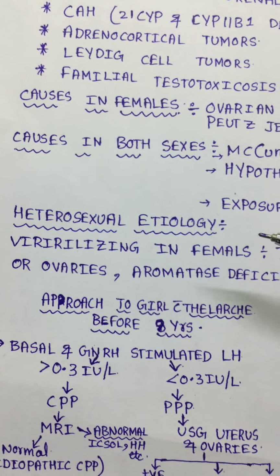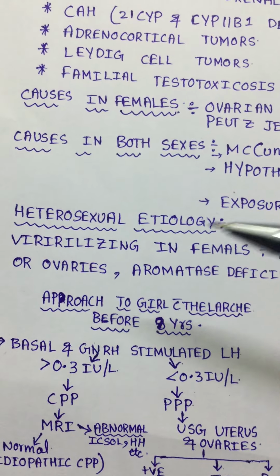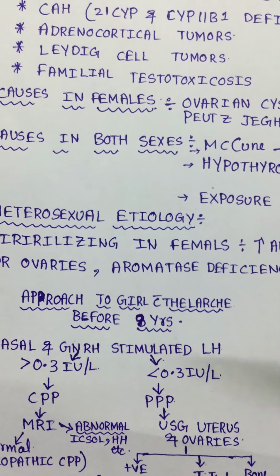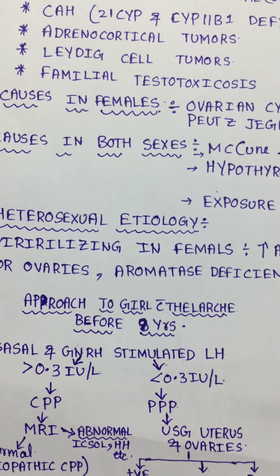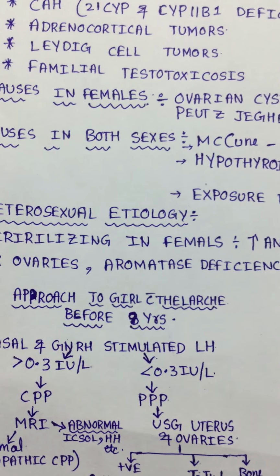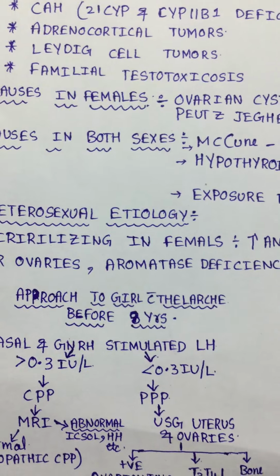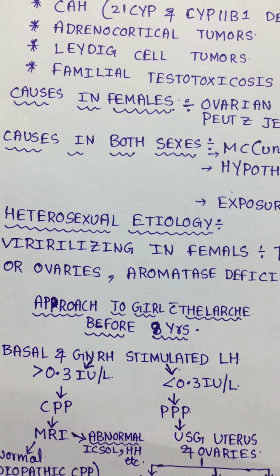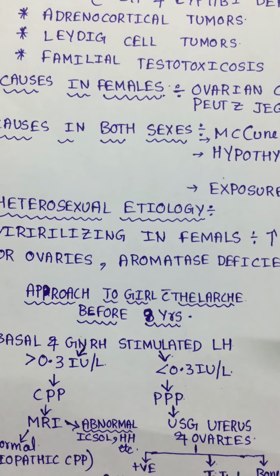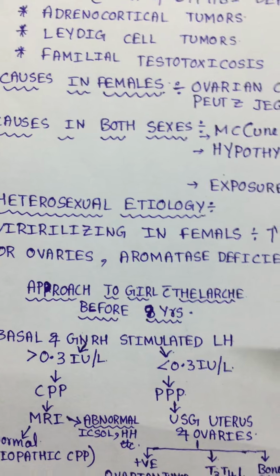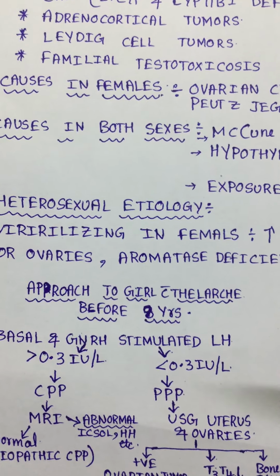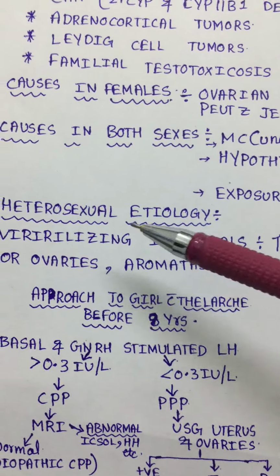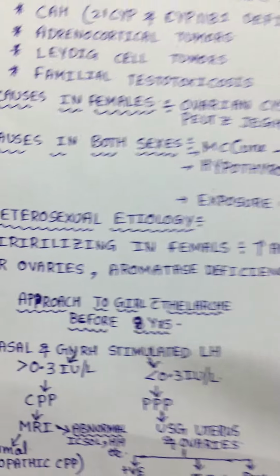Because of excess exposure to androgens, these females who look like males will have very fast development of penile length and pubic hair. Though they are females, male external genitalia develop at early ages because of excess secretion of androgens.